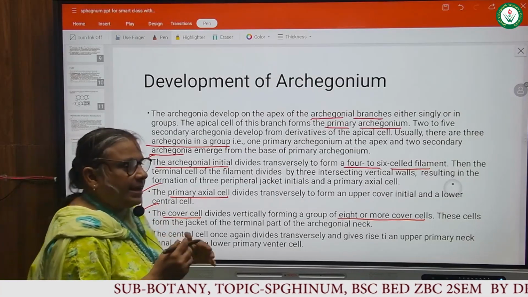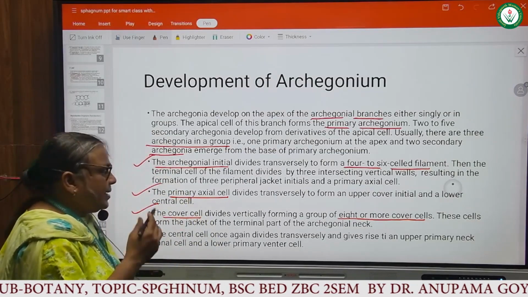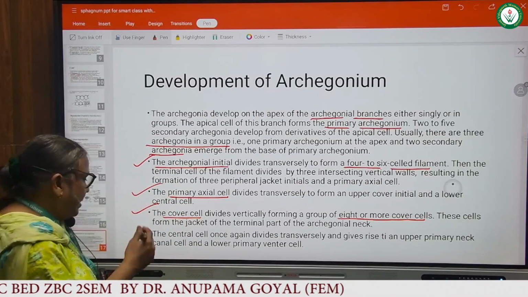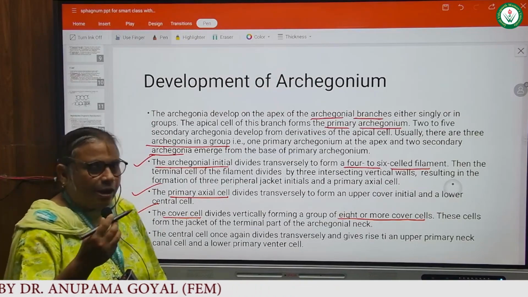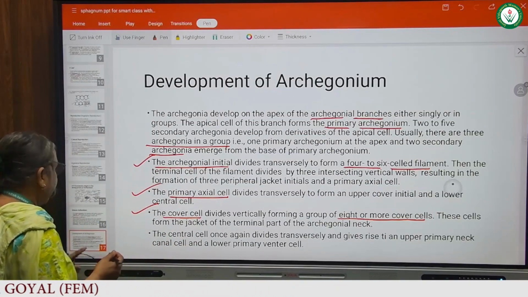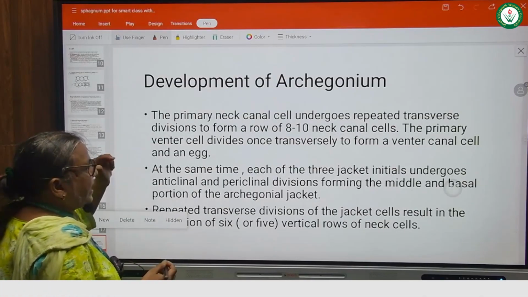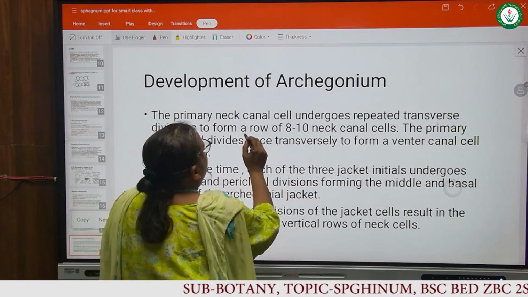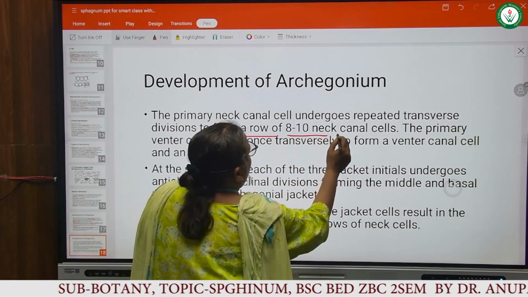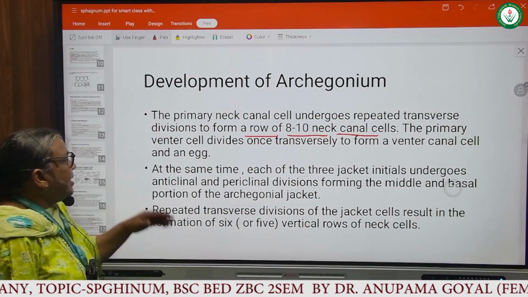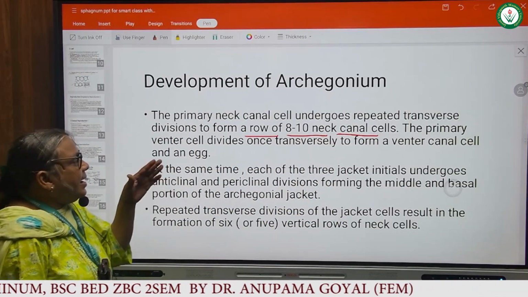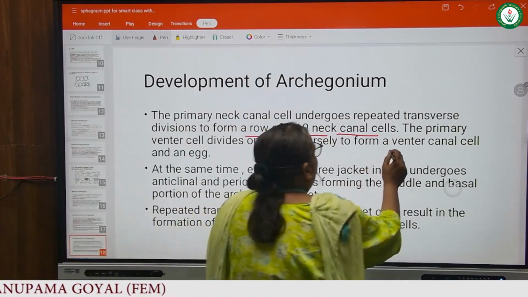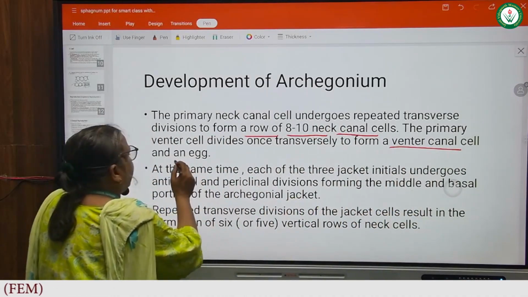The central cell once again divides transversely and gives rise to an upper primary neck canal cell and a lower primary venter cell. Now the primary neck canal cell undergoes repeated transverse divisions to form a row of 8 to 10 neck canal cells. The primary venter cell divides once transversely to form a venter canal cell and an egg.